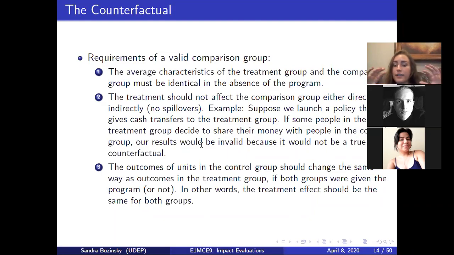This is really essential for removing the selection bias, because if, let's say, we're looking at the effect of education on wages, as we talked about before, and the treatment group has really high experience as well as higher education, then how can we say that it's the education affecting our wages? It might be a combination of education and experience. So that would be the selection bias.